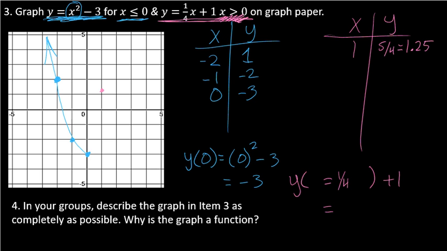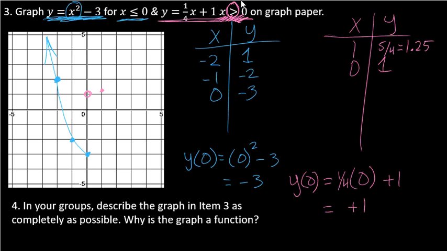So y of 0, 1/4 times 0 is 0, and then that plus 1 is just going to give me 1. So at 0, y is 1. Okay, so we're starting here, and this would be an open circle, because x is bigger than 0. We are not including 0. So let's keep that in mind.